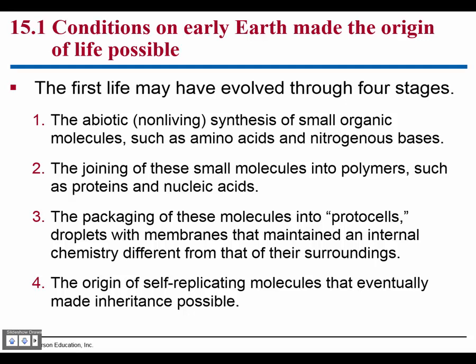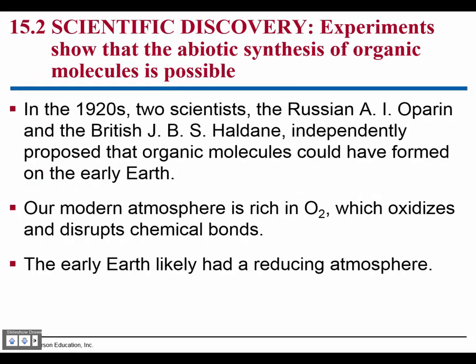Think of prions as just a protein cruising around. And then the packaging of these molecules into protocells. We'd have to show, I think we showed earlier when we talked about cells, that cell membranes would spontaneously form, right? And then the origin of self-replicating molecules that eventually made inheritance possible.